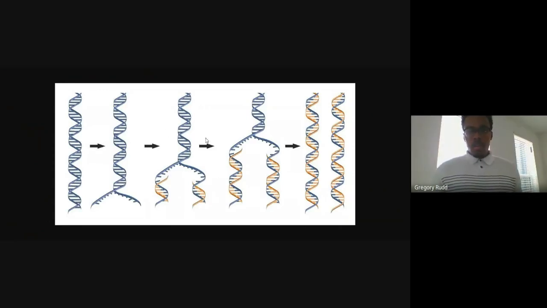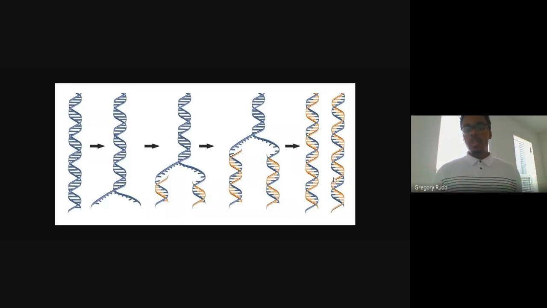So the new DNA, they are exact copies of one another, but if you can see, there's an orange color and there's a blue color. So the blue is from the original strand of the original double helix. The orange is then essentially attached to those original strands to create 2 new strands.